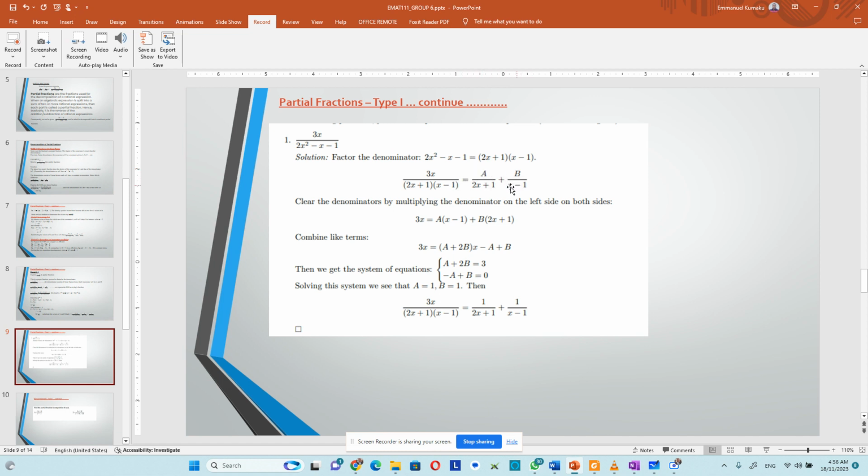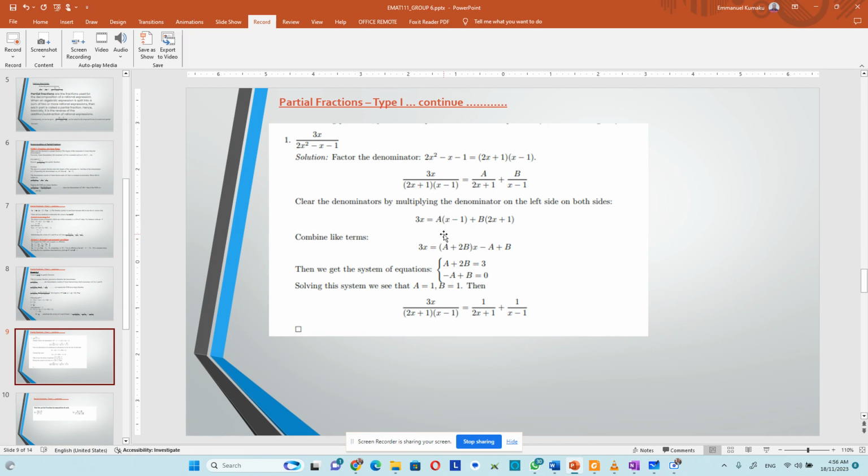Then we clear the fractions by multiplying both sides by the denominator. So when you clear, you have 3x is equal to a(x minus 1) plus b(2x plus 1). We expand and compare coefficients.